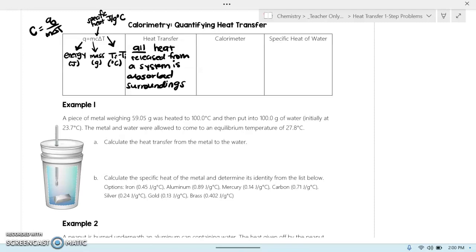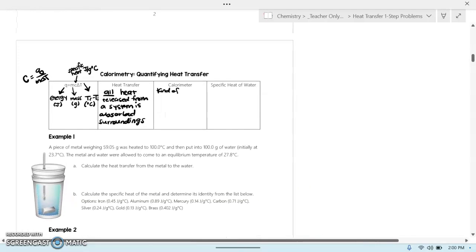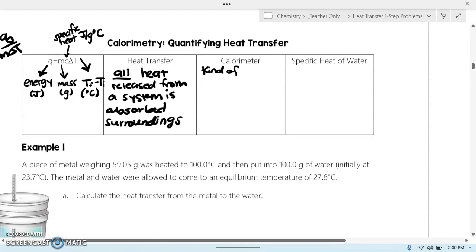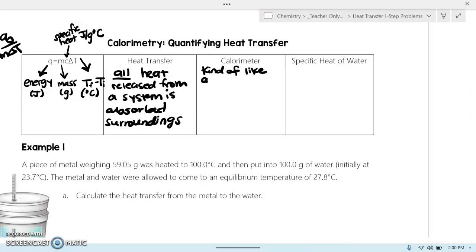A calorimeter is kind of like a thermos, so that none of the heat will leak.